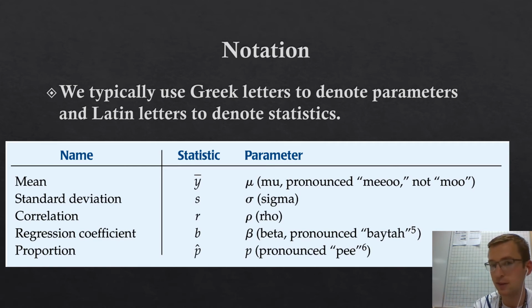That's a statistic. Whereas that Greek letter mu kind of looks like a U with a little curl on it. That is the population mean, okay? So X bar or Y bar in this case and mu mean exactly the same thing, except one is from our sample and one is from our population. So take a look at these. I'm not going to read all these off, but in general, if we have a Greek letter, it's going to be from our population.